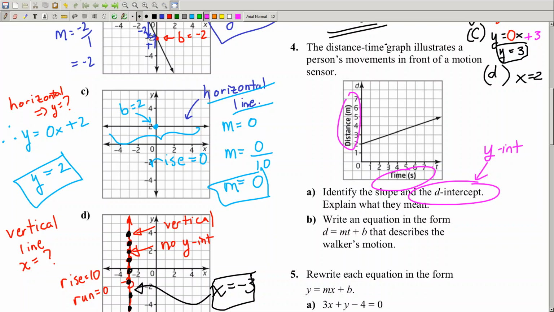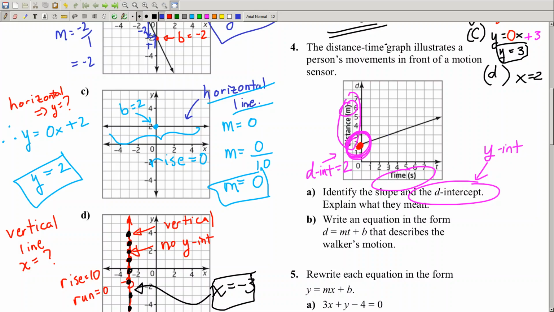So what do we need? We need the slope and the y-intercept. Well, it crosses the y-axis at 2. So the d-int equals 2. In this case, it's in units of meters. What about the slope? Well, I've got one point there, and I need a second point, a nice point.